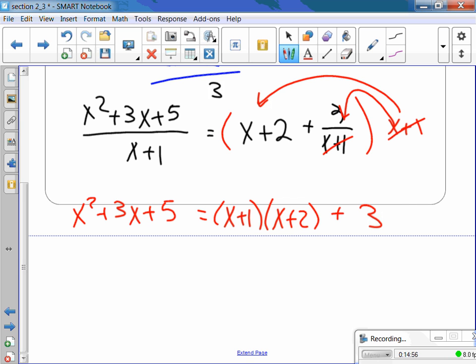So we can also express this, if the remainder is 0, it just becomes a nice factorization. If I have a remainder, I can still write the original polynomial as the divisor times the quotient plus the remainder. This is just the division algorithm.